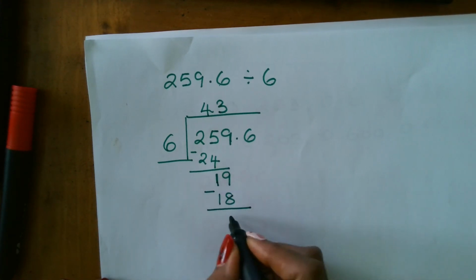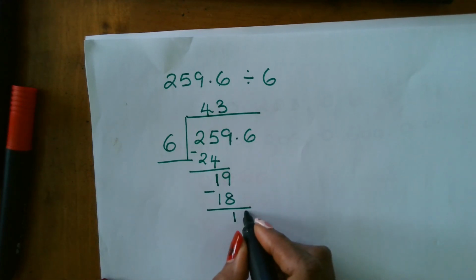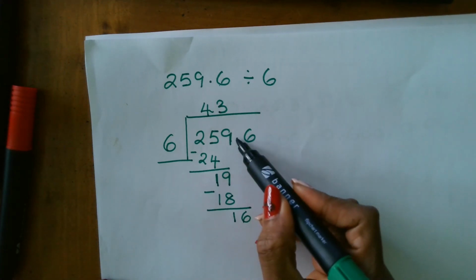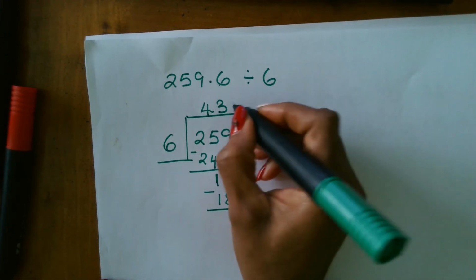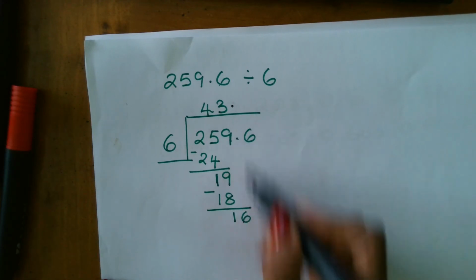I do the same again. I've got 1 left. So I put that one here, making 16. But just remember that we've got this decimal point here. So what I do is put the decimal point and then bring down this 6.